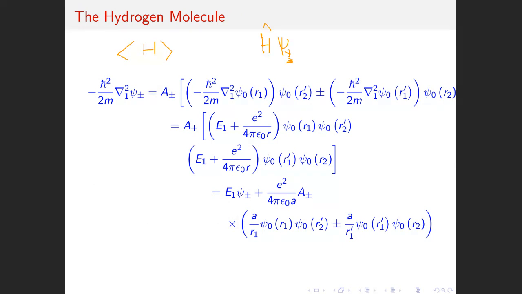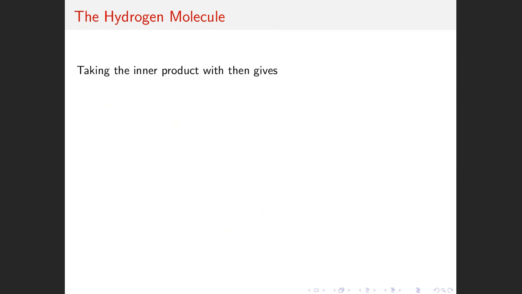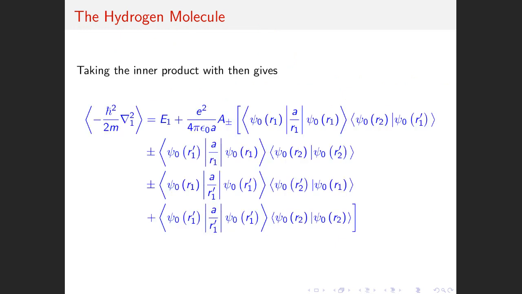You manipulate stuff, and you start getting things depending on 1 over R1, multiplying R1 prime, multiplying R2. Then you sandwich the other vector, plus or minus, just taking the inner product.